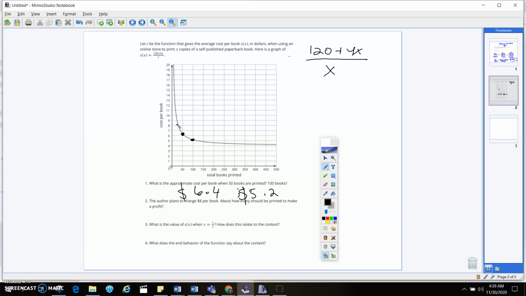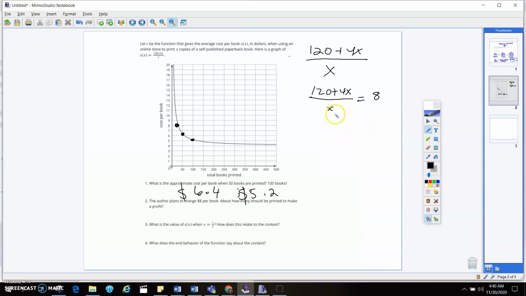So again, I could look right here. I could say roughly 25, or I could set (120 + 4x)/x equals 8, and then solve this mess. I'm going to solve it by hand, because I want to be accurate. I would multiply by x on both sides, because I want to get x out of the denominator.